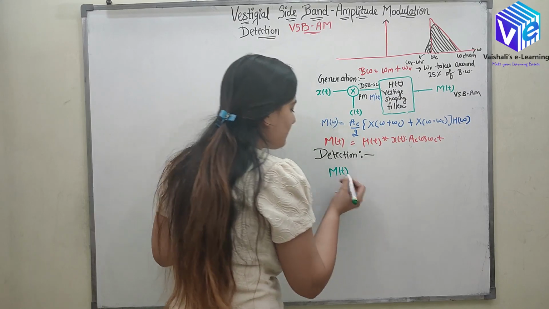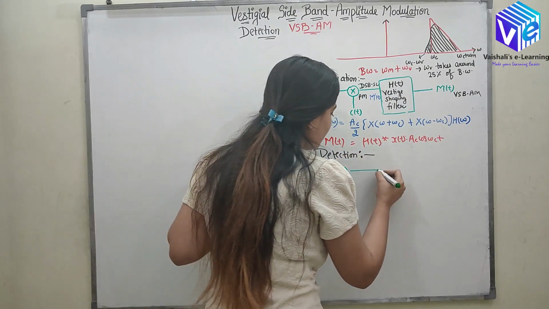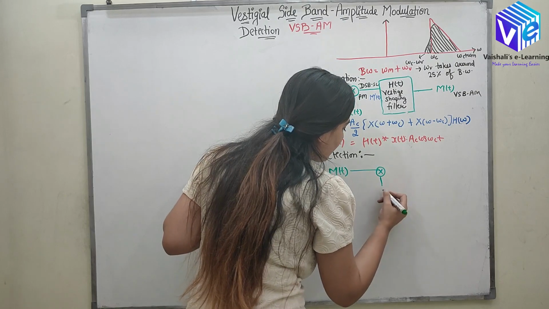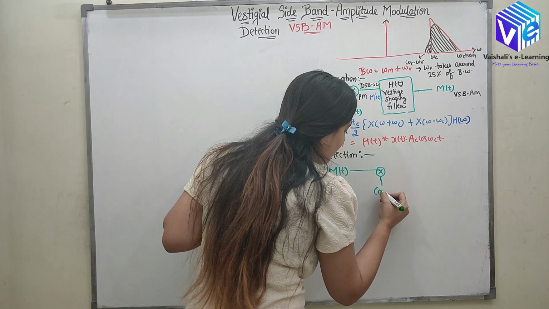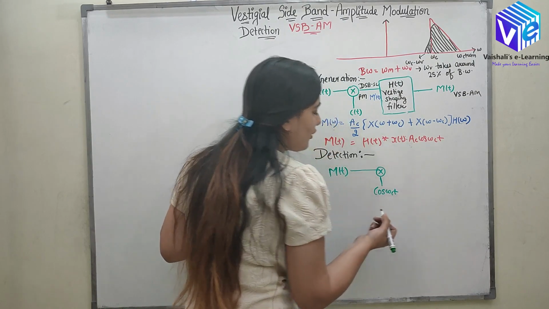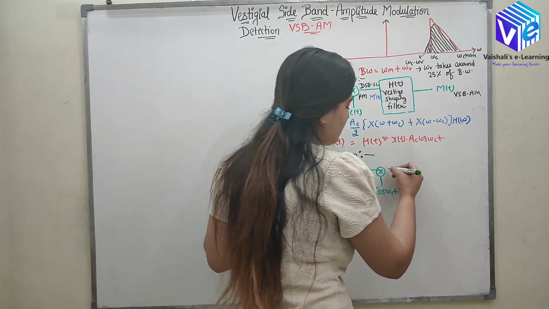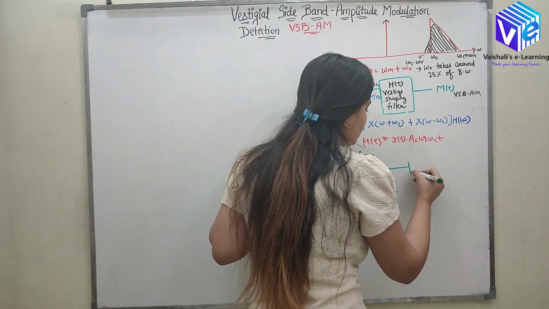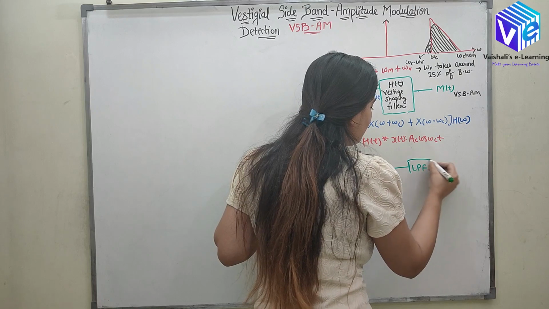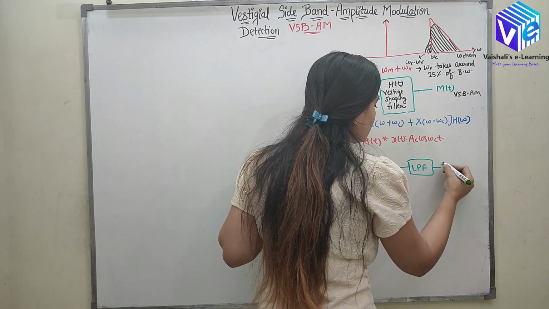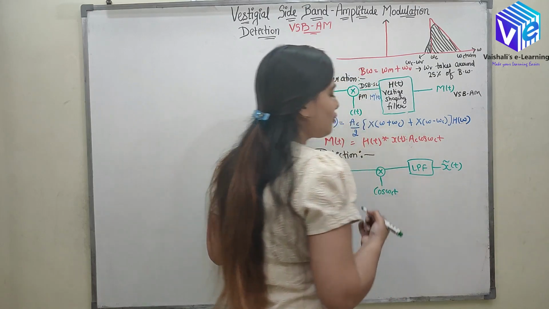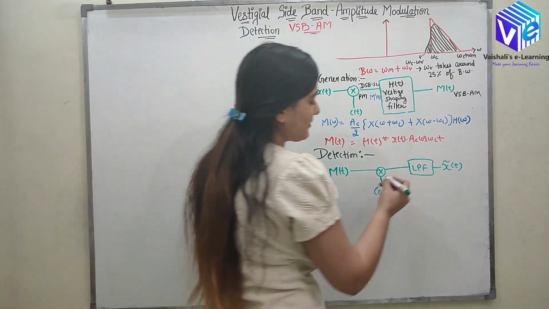Now m(t), the modulated signal, is the input signal. It is multiplied with the locally generated carrier, which is cos ωc t. For simplicity, I am taking the Ac value to be 1 here. Then it is passed to the low pass filter and I get the output, which is the estimate of x(t). Let's understand how all this happens.